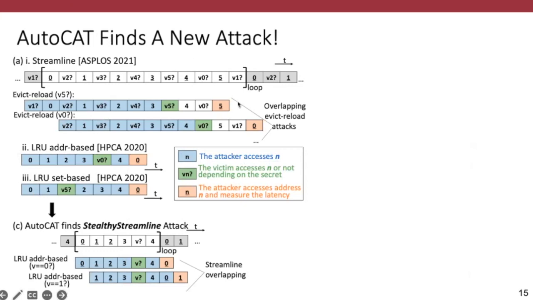As you see here, Streamline uses overlapping accesses to increase the bandwidth of the attack. And the LRU-based attack uses the replacement policy, which is more stealthy than known attacks. By combining the 2 attack patterns, the resulting attack actually has higher bandwidth and is more stealthy.